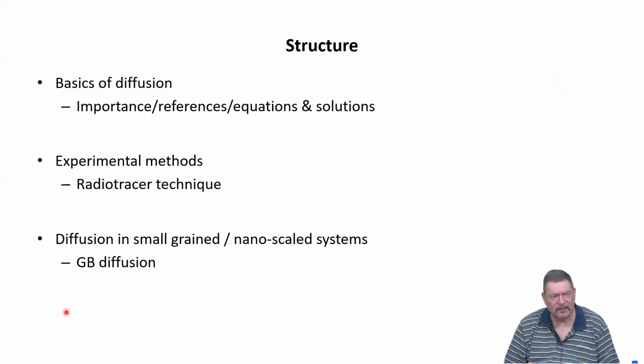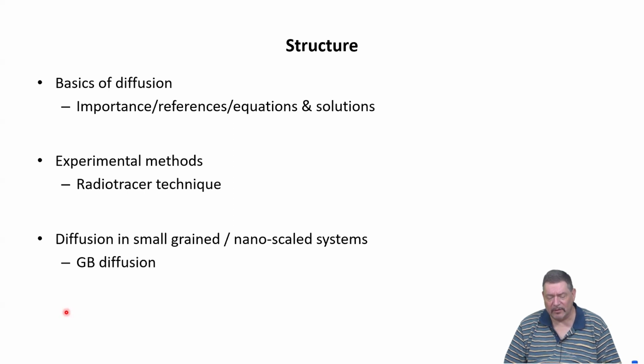The radio tracer technique is important for the self-diffusion measurements. If you have understood the radio tracer method, you can easily transfer that to interdiffusion measurements, which everybody can do who has a furnace and a scanning electron microscope with EDS system, or better a WDS system.